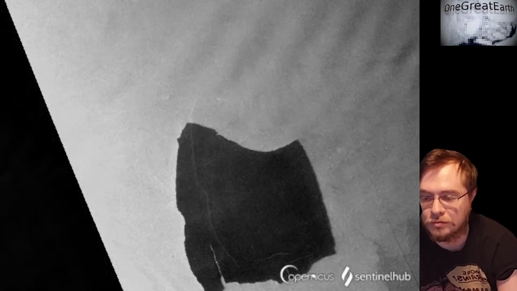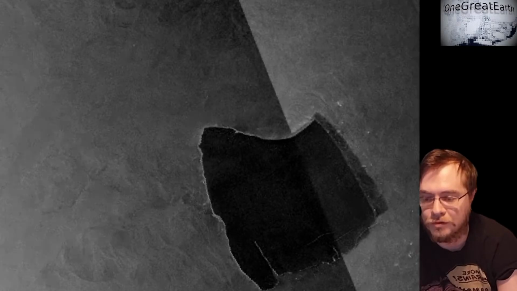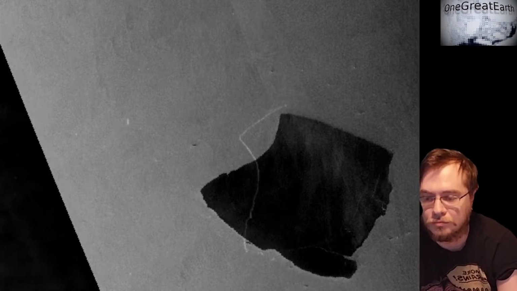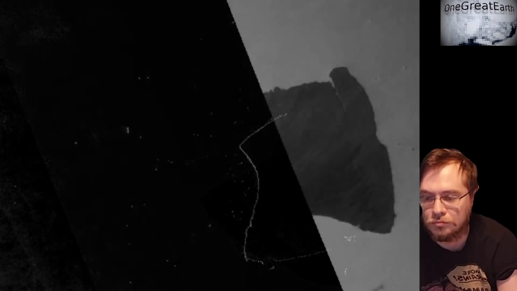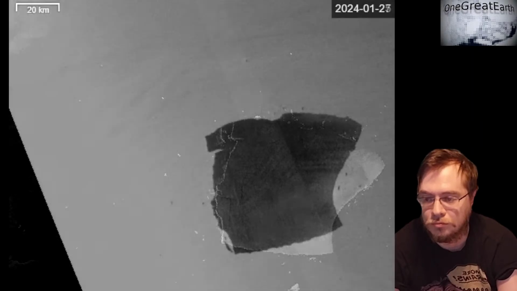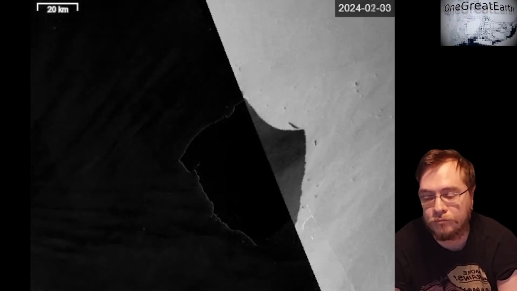Doom Glacier, Doom Iceberg, sorry, comes into focus, twirling, spinning, rotating. This is the iceberg A23A.